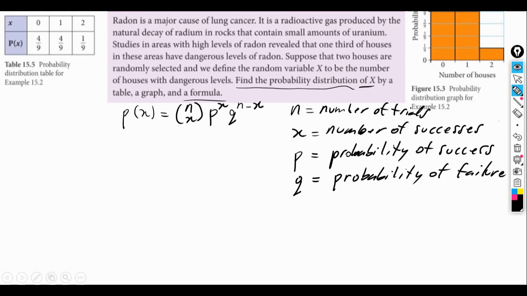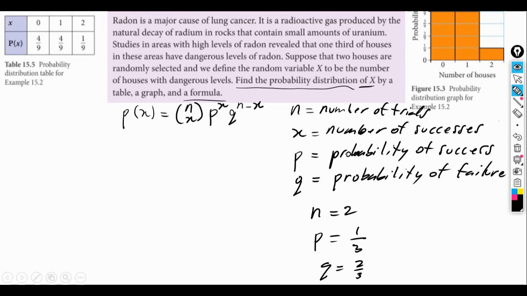So in this example that we're doing, n is the number of trials. There's going to be 2 trials because we're going to find out in 2 different houses, right? The number of successes, that's going to be the variable x: 0, 1, or 2. p, the probability of success, is going to be 1/3. And then q, the complement of this, or the probability of failure, is 2/3.